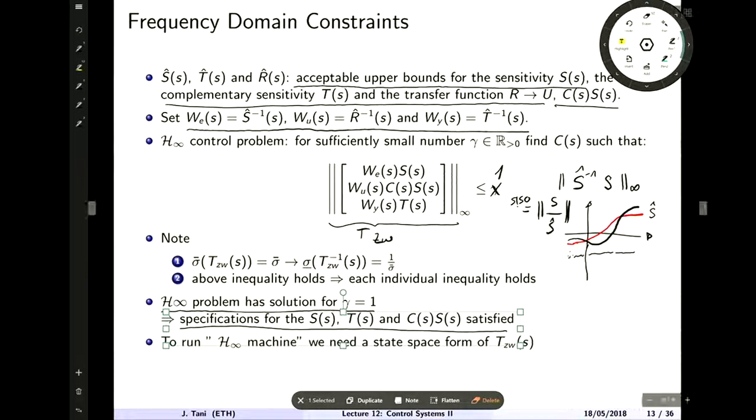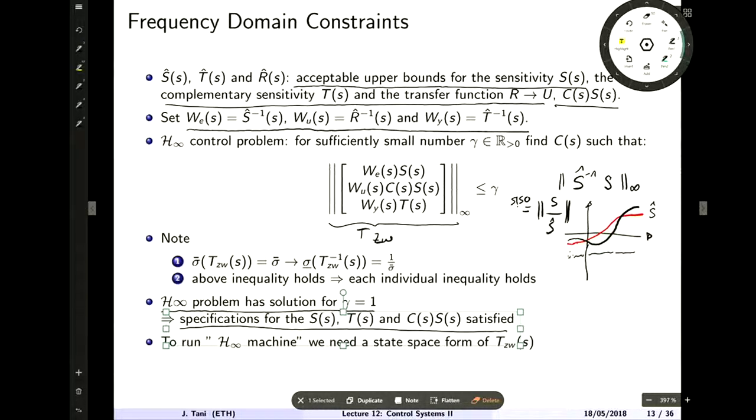Now we see that if it's up on top of the red function, then the ratio S divided by S hat is bigger than 1, but if it's below, then the ratio is smaller than 1. Which means we take the H infinity machine, we solve the problem, and if it's feasible, we get some gamma.